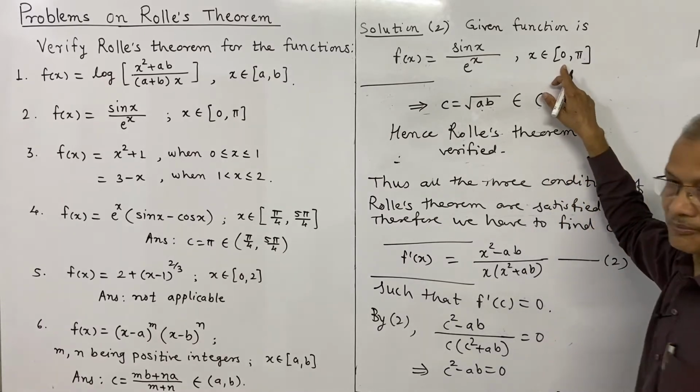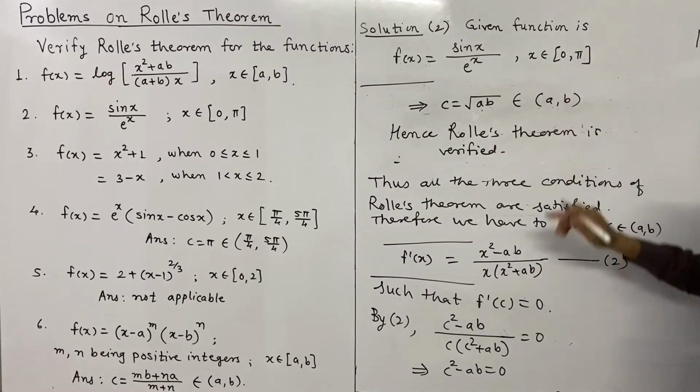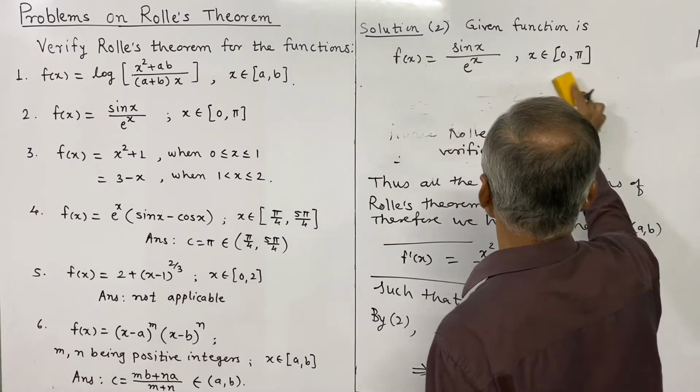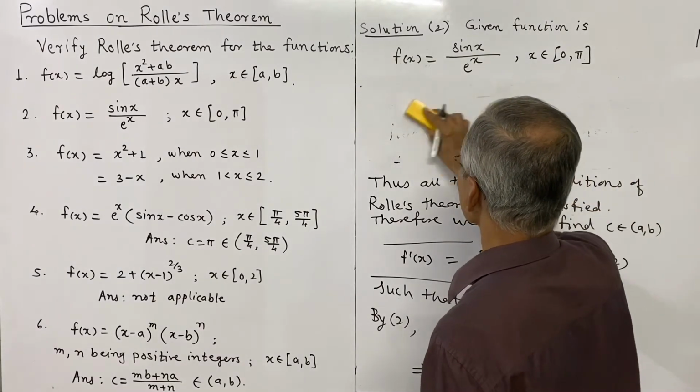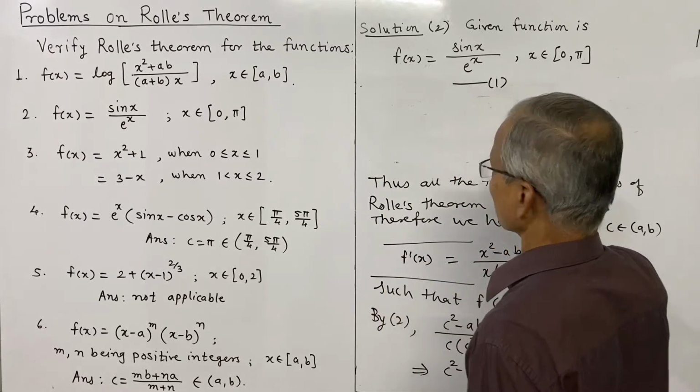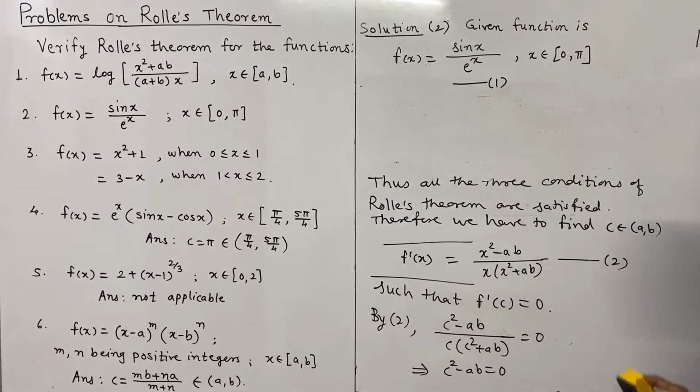Here a is 0 and b is pi. So we shall suppose this f of x as equation 1, and now we will check the three conditions of Rolle's theorem.